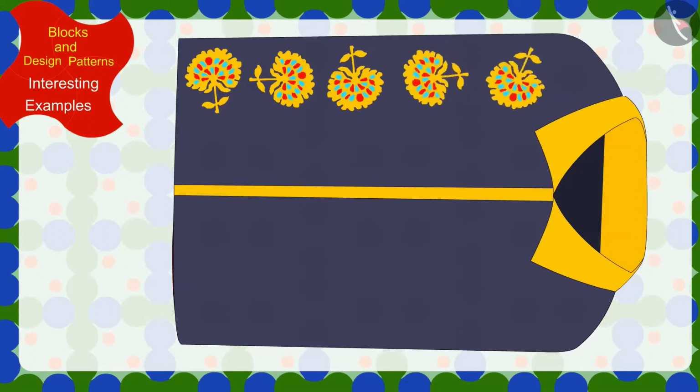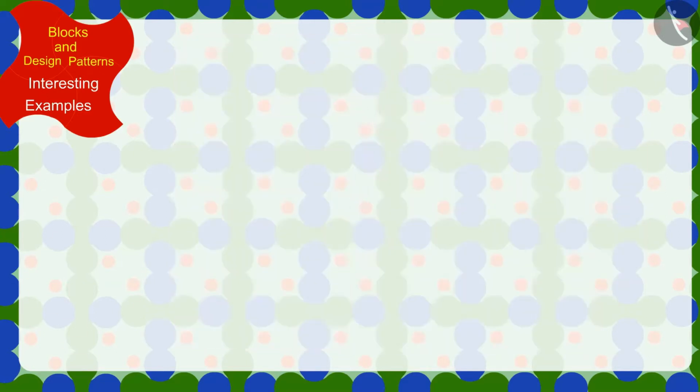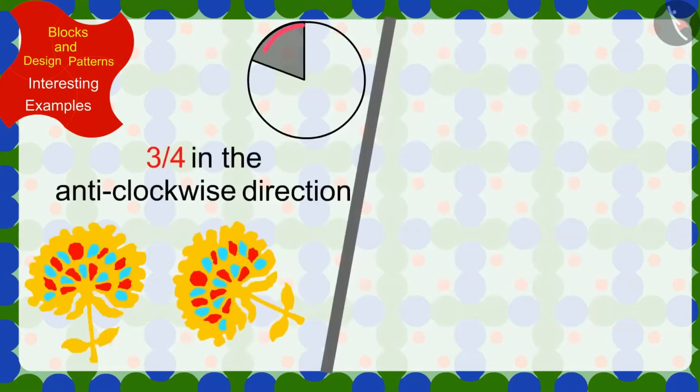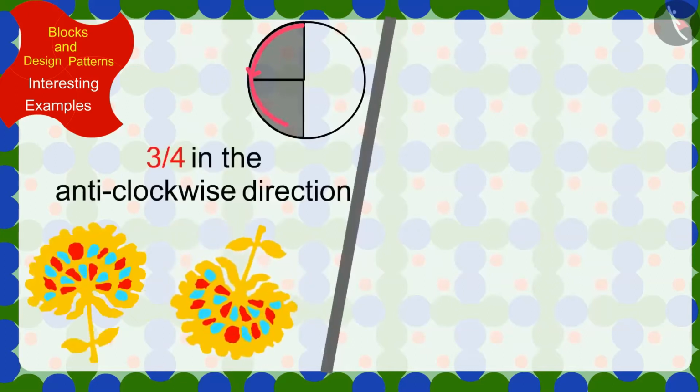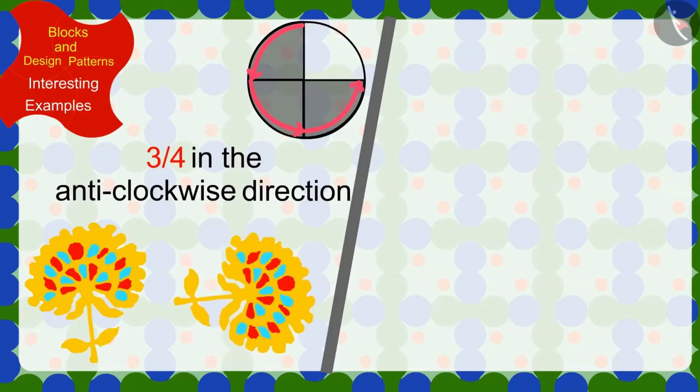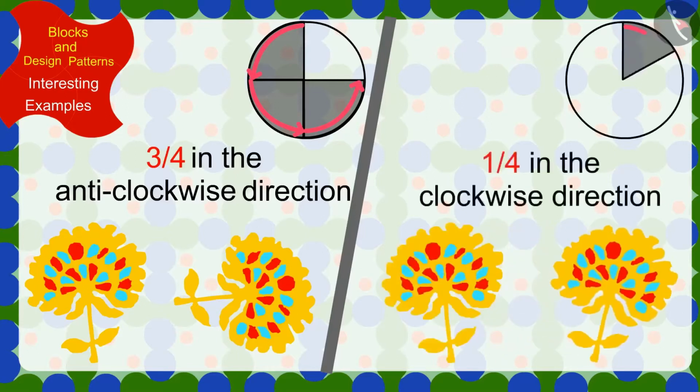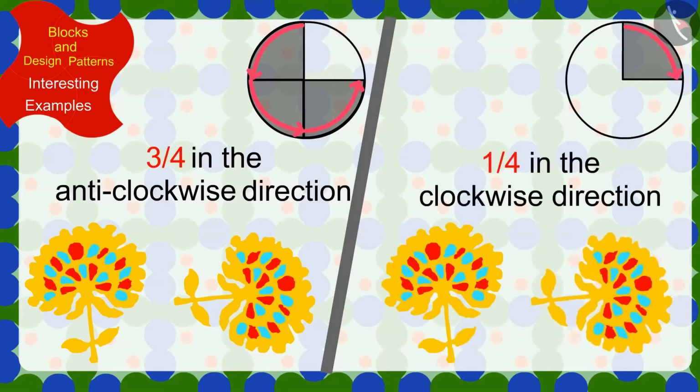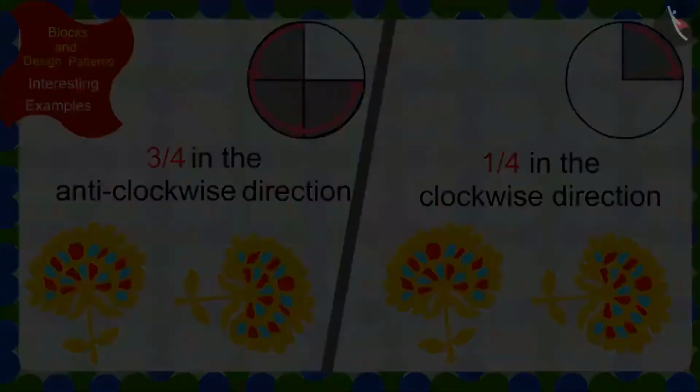Oh, wow! You found the rule! To make this pattern, Kittu has rotated the previous impression 3/4 in the anti-clockwise direction, or 1/4 in the clockwise direction every time.